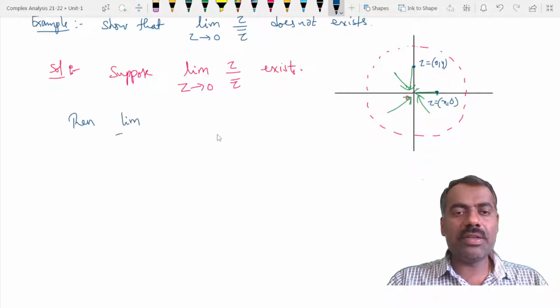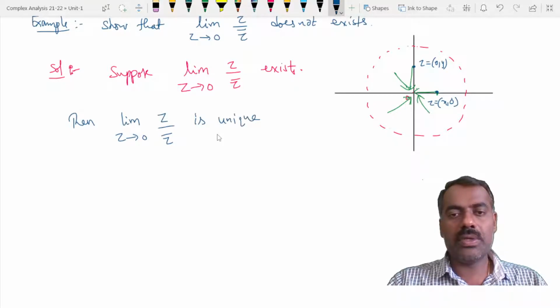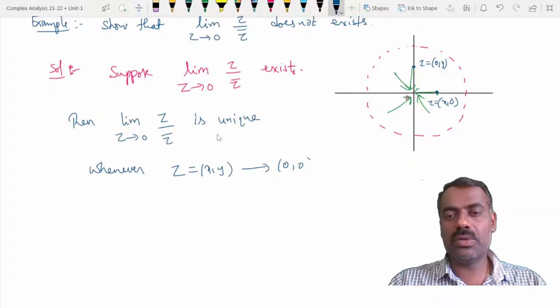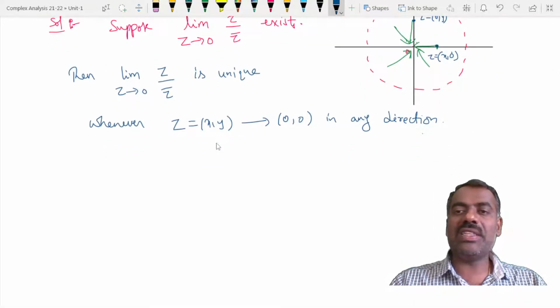Then limit of z upon z bar as z tends to 0 is unique whenever z, you can call it x comma y, tends to 0 in any direction. So in particular we'll take these two.